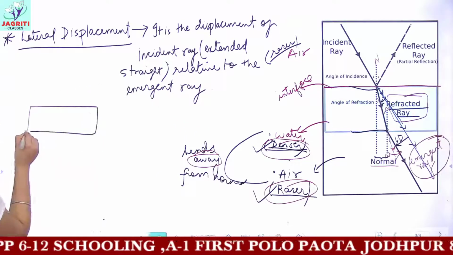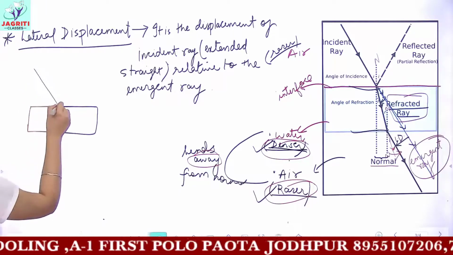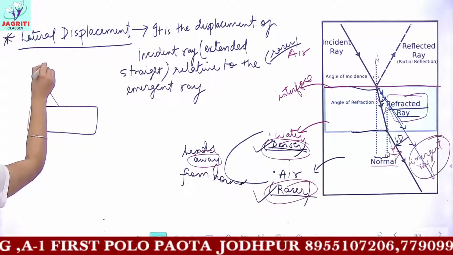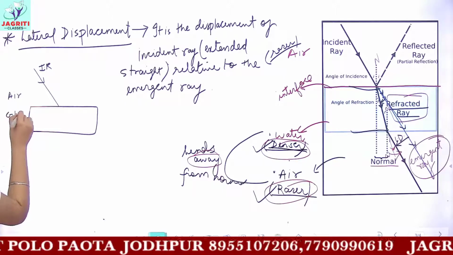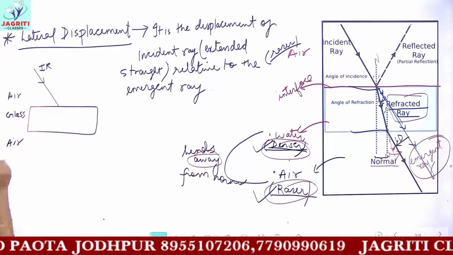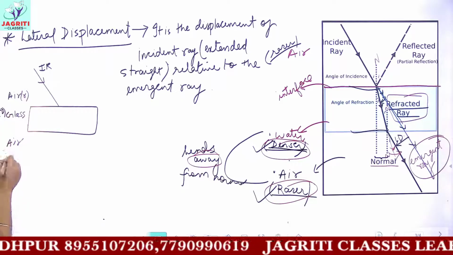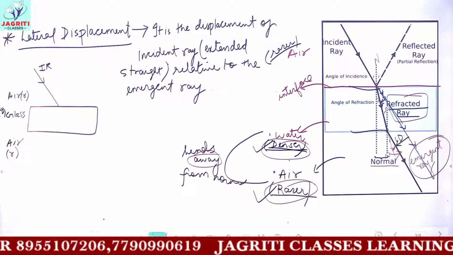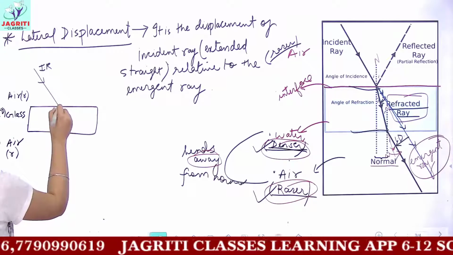See, if you get a question, you can make a diagram here also. Let's suppose this is your incident ray. This medium is air, inside is glass, and then outside again you have air. Air is a rarer medium, glass is a denser medium, and here also air is a rarer medium. This is the direction of the incident ray.